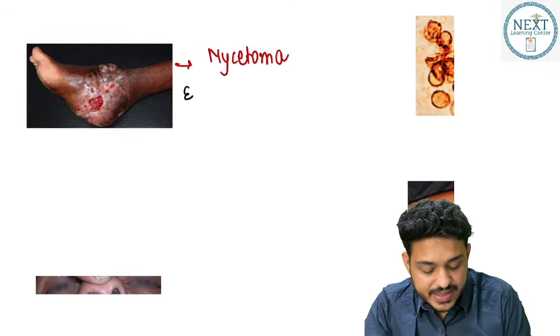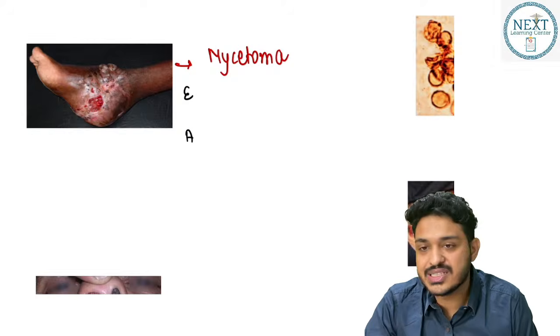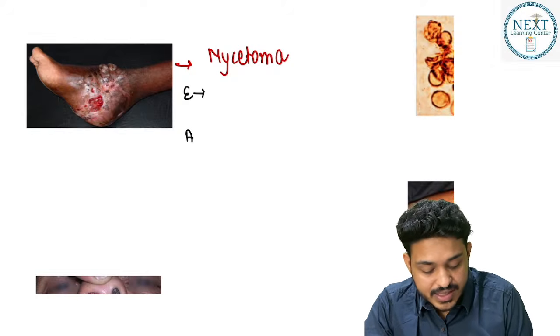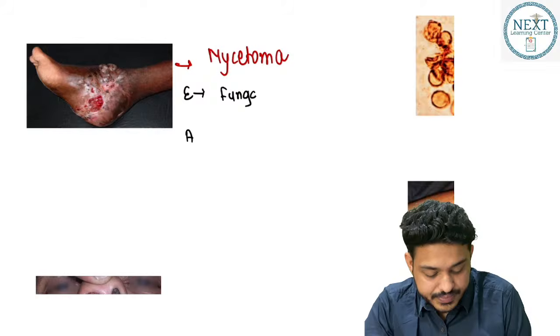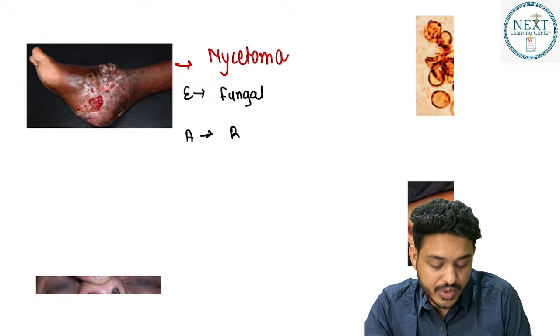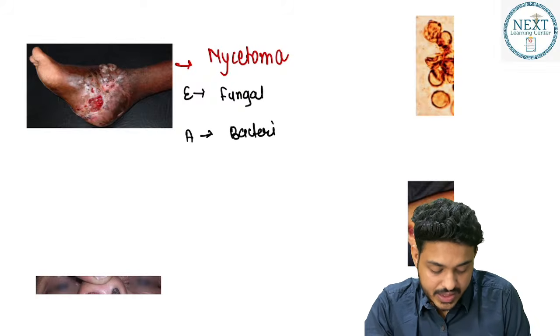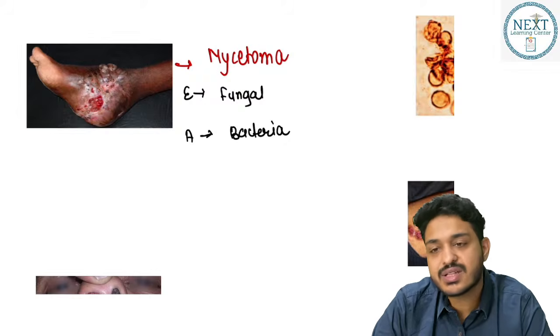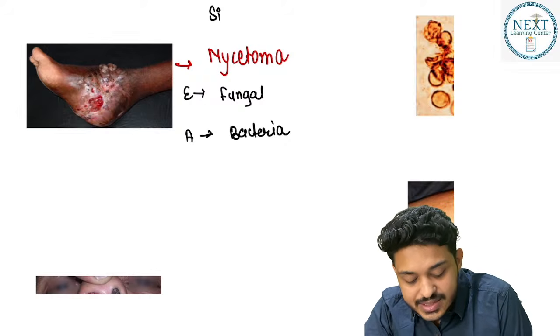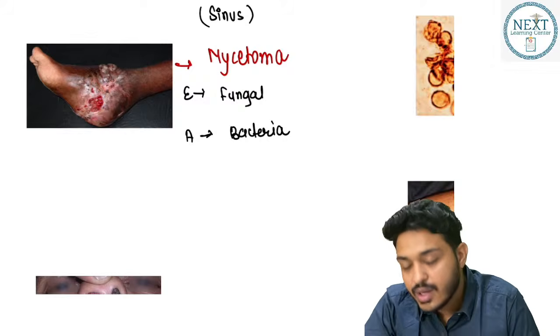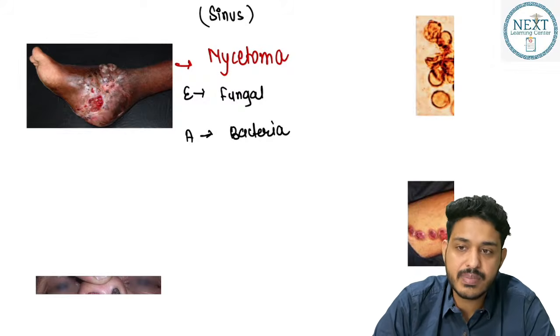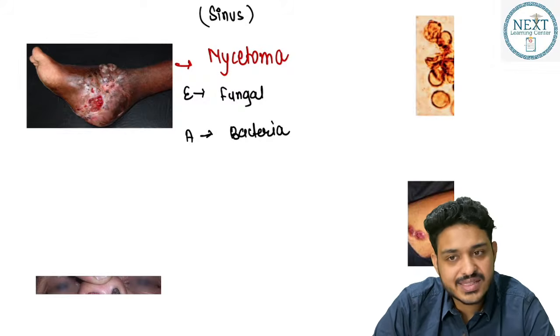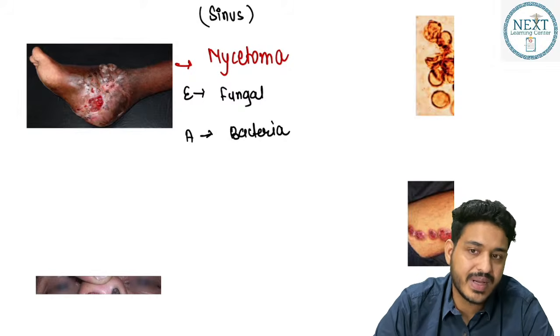We can have eumycetoma, we can have actinomycetoma, right? Eumycetoma is going to be a fungal infection, whereas actinomycetoma is going to be a bacterial infection. Whenever you find something coming out from a sinus, you need to think about what? Mycetoma, right? In the legs of a farmer, something is coming out from the legs. This is going to be mycetoma.